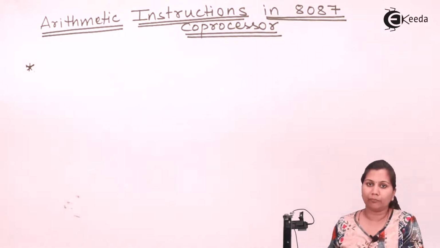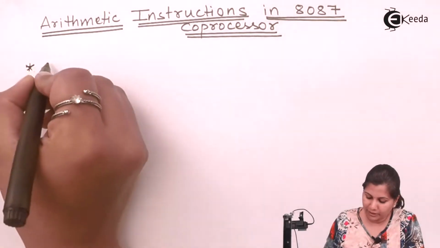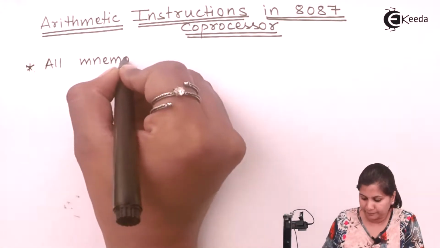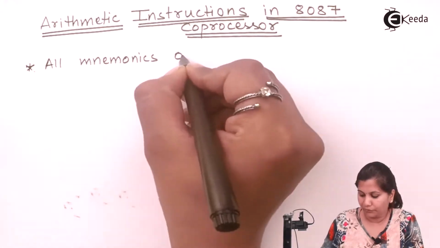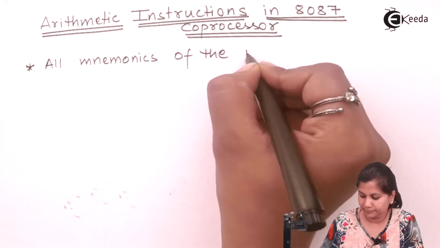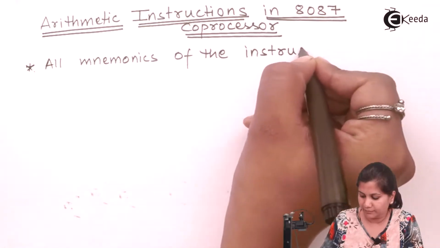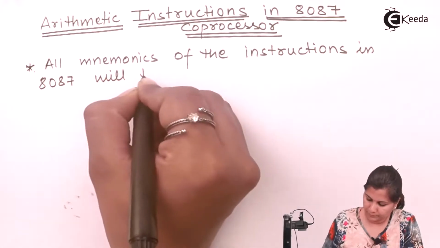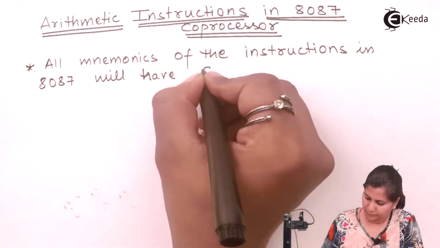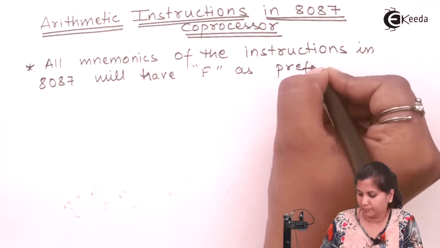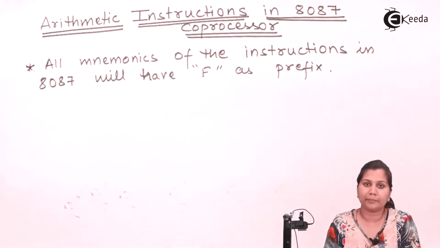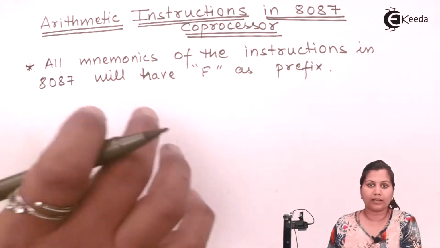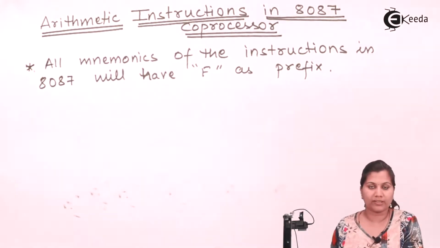That is a point to note, that all mnemonics of the instructions in 8087 have F as their prefix.